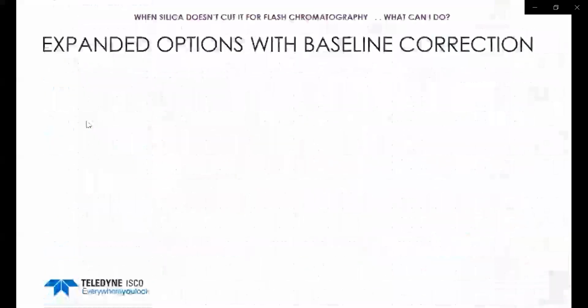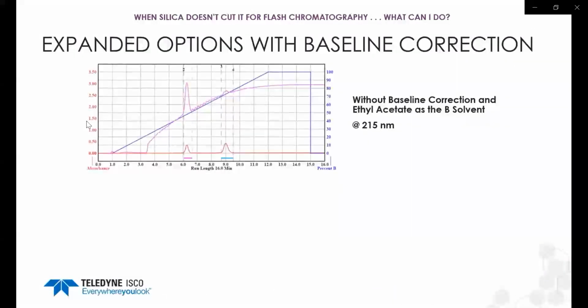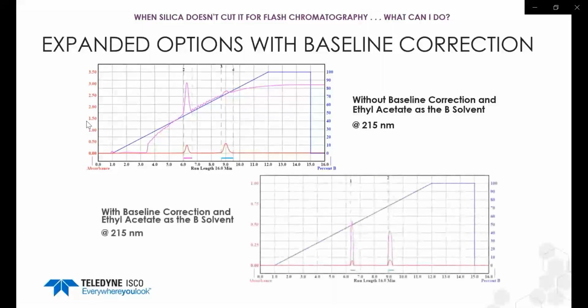So here are some examples of the baseline correction with it on and with it off. This is ethyl acetate at 215 nanometers. You can see at 254, we can see it fine in the red. But the 214 signal in the purple is obviously saturated with the ethyl acetate signal.